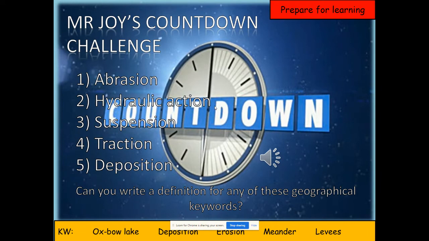Let's look now at the 4 types of transportation, starting with the 2 definitions here, one of which you could have picked for the challenge. So first of all, suspension, which is the finer material that floats in the water. Traction. Mr. Johnson was talking about obviously the movement of larger boulders in the river.